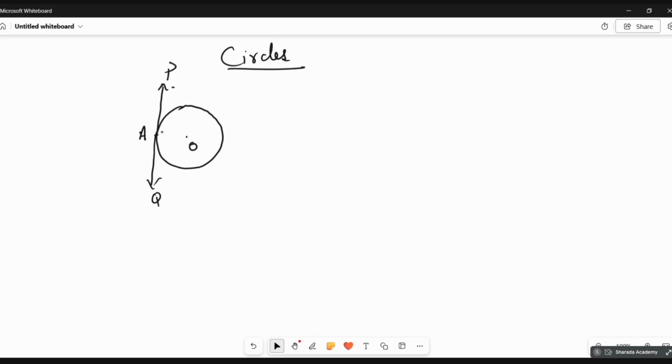Now, what is the secant of a circle? For example, PQ here is the secant of the circle.